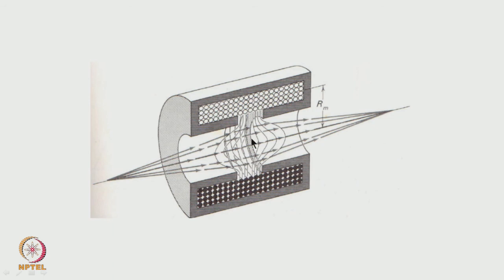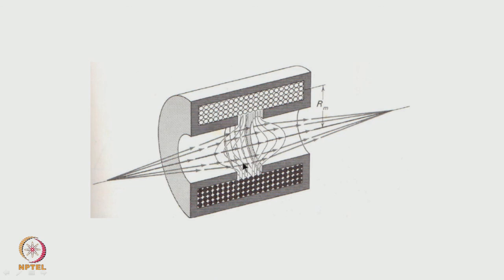This is a typical diagram of a lens. In this, there is a coil with a particular number of turns per unit length which has been chosen.